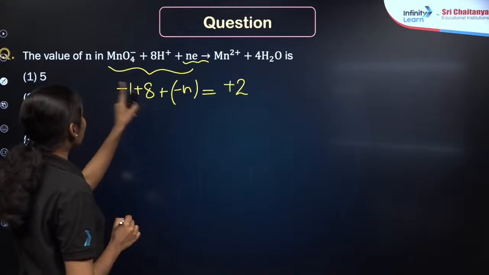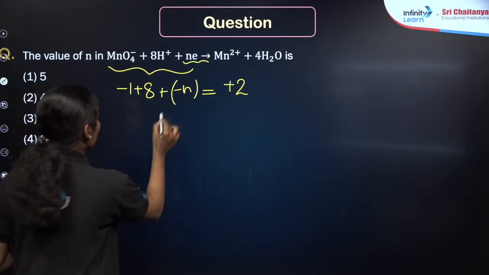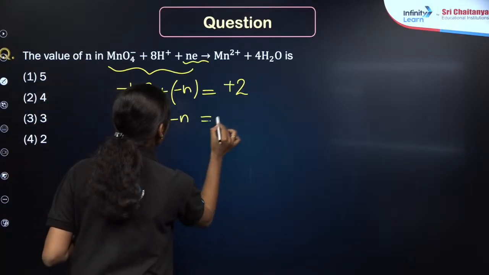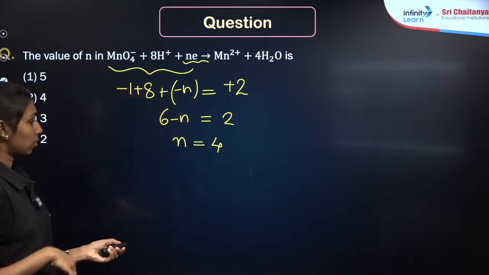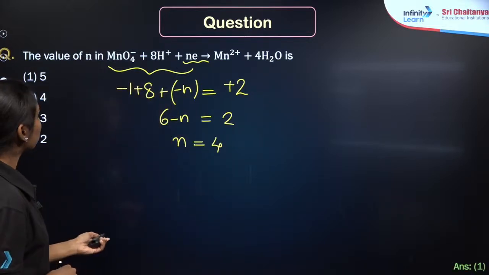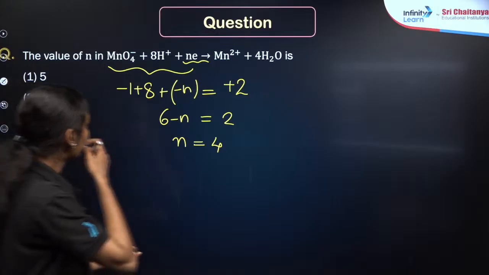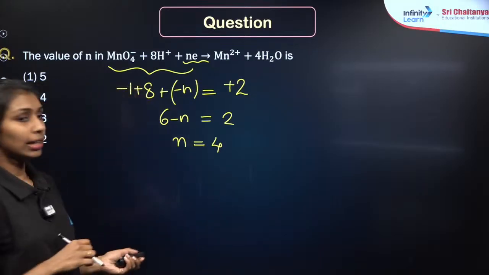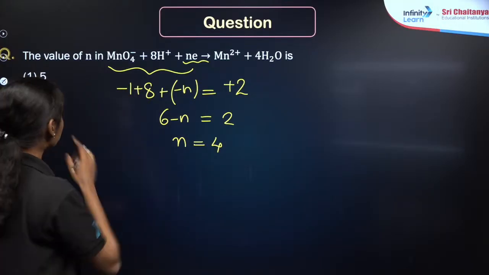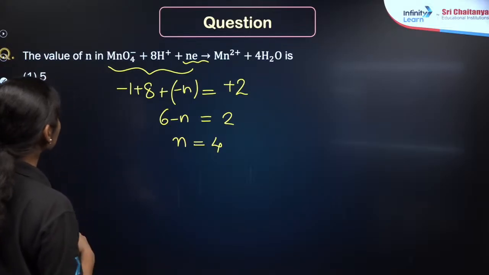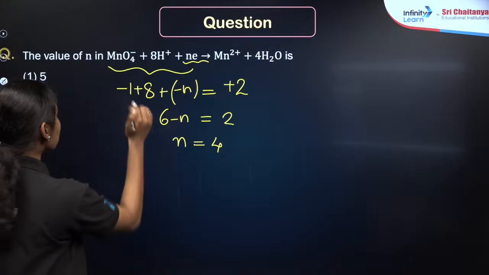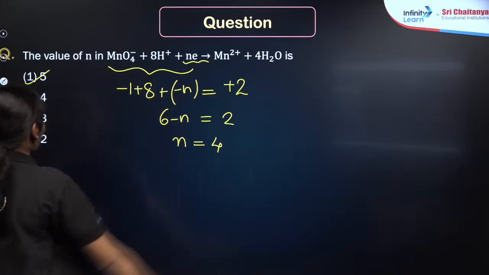By calculating here, you will get 8 minus 1 is equal to 7. 7 minus n is equal to 2, so n is equal to 5. Clear? If there is some mistake in the calculation part, the answer will be 5 only.